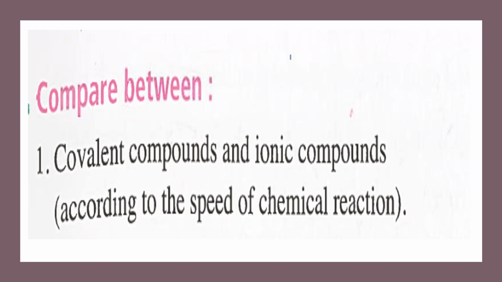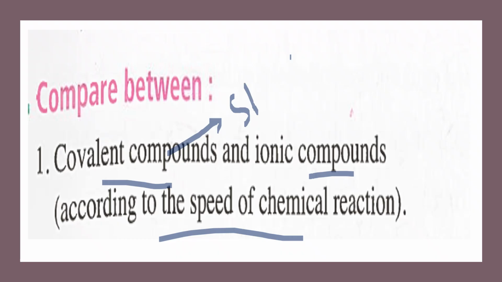And the question now: compare between covalent compounds and ionic compounds according to the speed of chemical reaction. Which is faster? Covalent compounds are slower. Why? Because covalent compounds are made of molecules, and these molecules are not easily dissolved in water, not easily ionized.